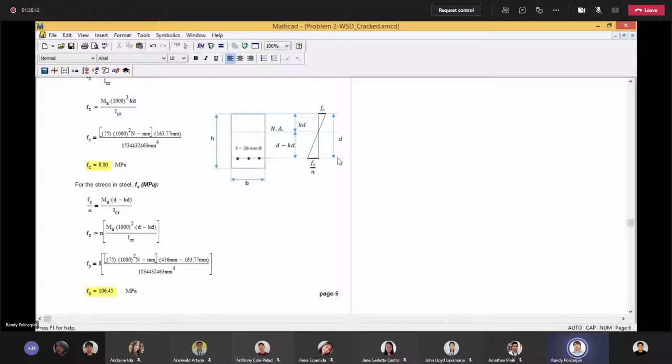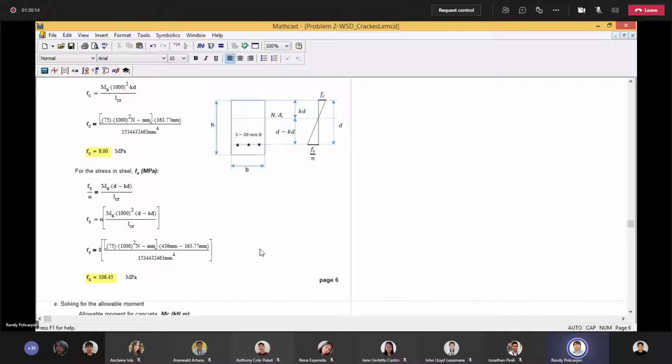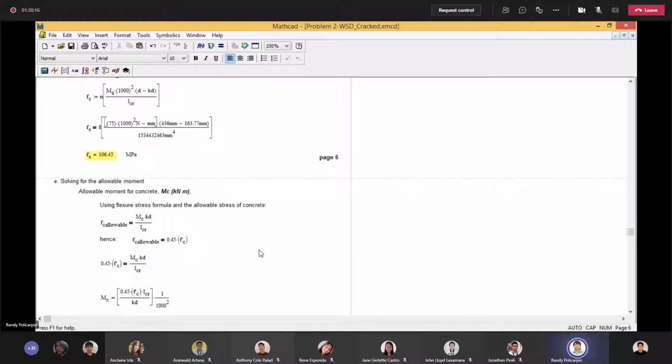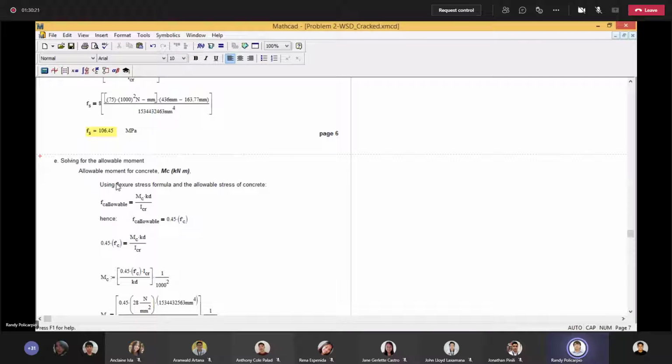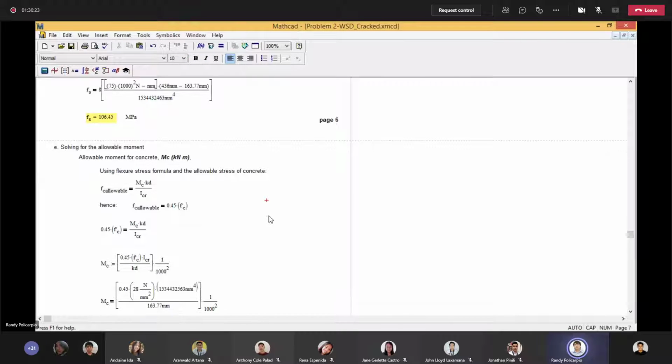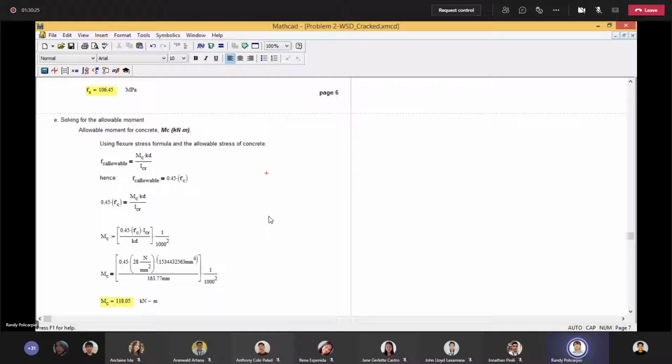So that's how we solve the stresses in our concrete and in our steel, making use of the stress diagram. And then for the allowable moment, ito yung pinaka-solution natin. This is one of the methods na pwede mong gamitin.